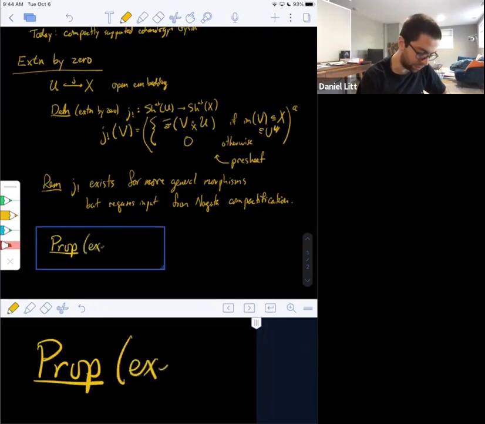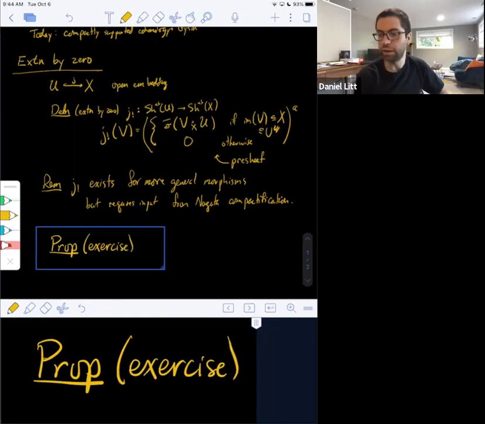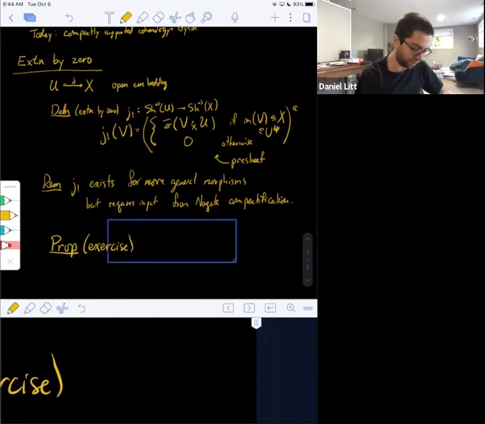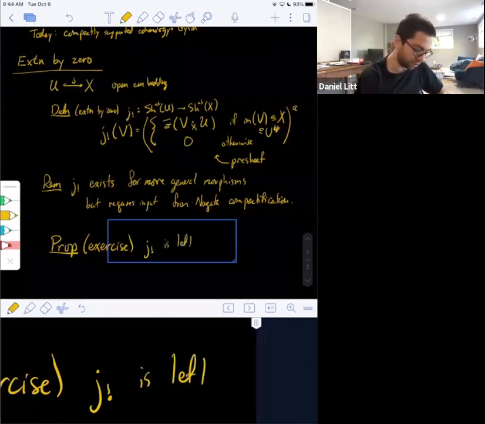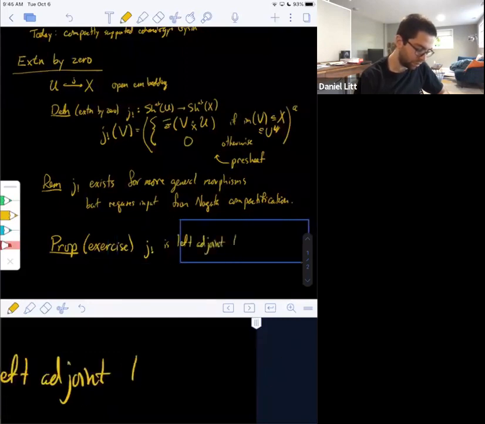The first one I'm going to leave as an exercise, but I'll prove a few things. The exercise is that this j lower shriek functor is left adjoint to j upper star.